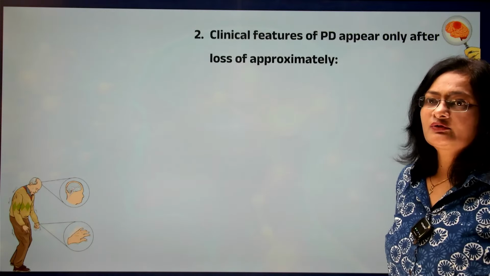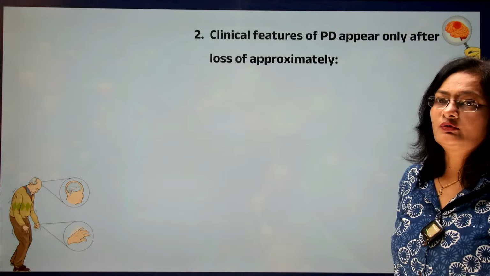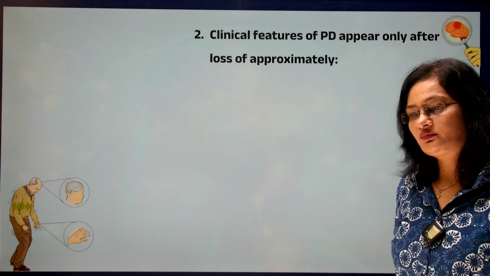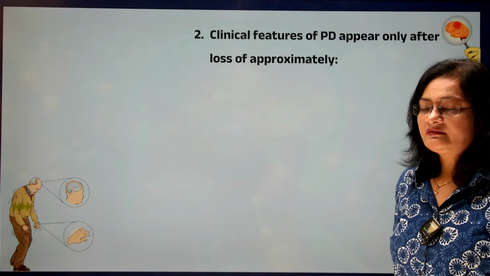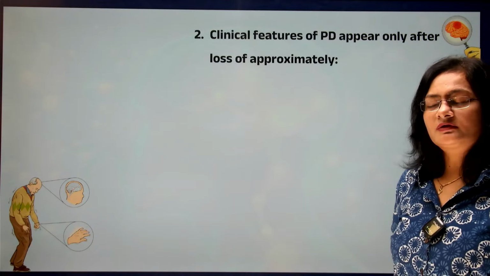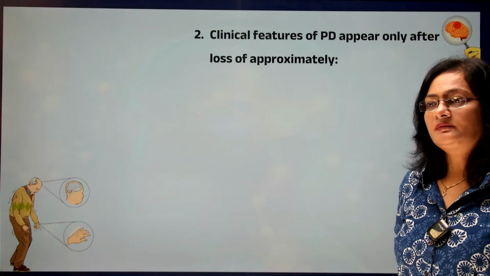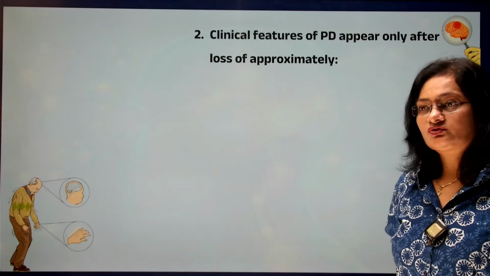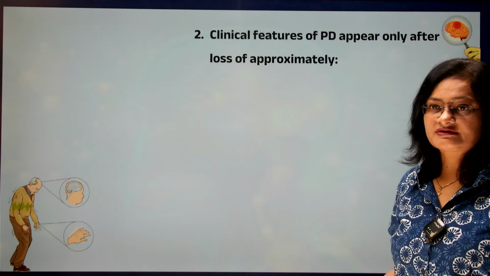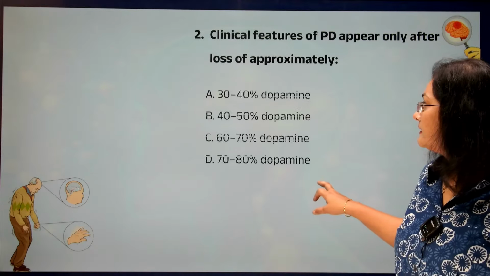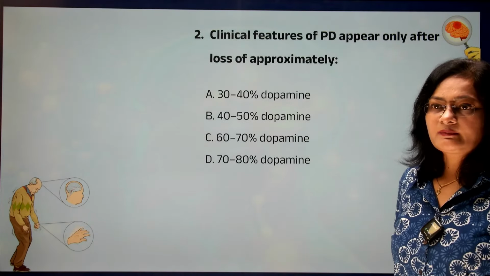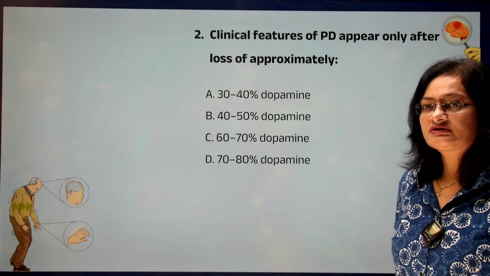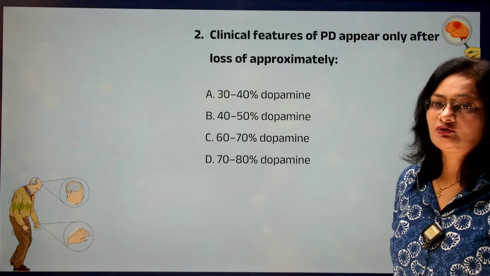Clinical features of Parkinson's disease appear only after loss of approximately. I just mentioned that when 70 to 80% or more of the dopaminergic neurons or receptors are destroyed, then clinical features will be present. The options are 30 to 40%, 40 to 50%, 60 to 70%, and 70 to 80%.